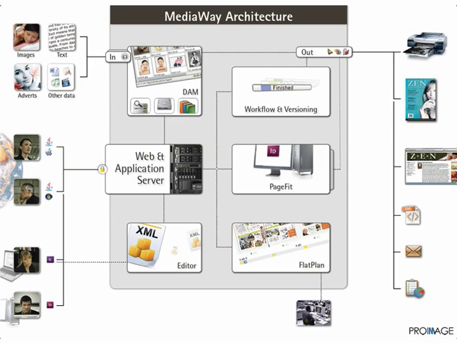Or it might export the article as XML because you want to repurpose the content for another system, such as a web content management system. Or last but not least, as soon as the project is finished, you can change the status of the entire project, and MediaWay generates a report with an overview of the content used within the publication, and what the mix of editorial versus advertising content was, and so on.